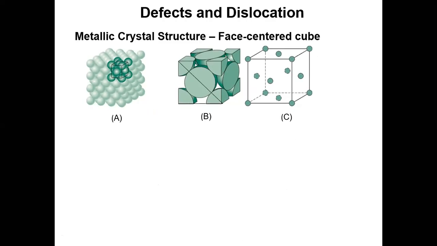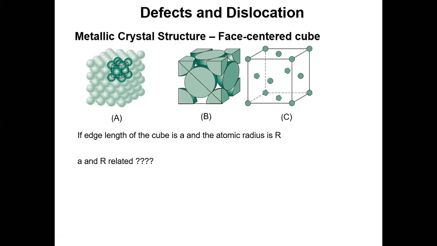Then we'll identify those previously mentioned characteristics. Right? Edge length means it is the length of the cube. If the crystalline structure is FCC, the length of one side we call the unit cell edge length, right?